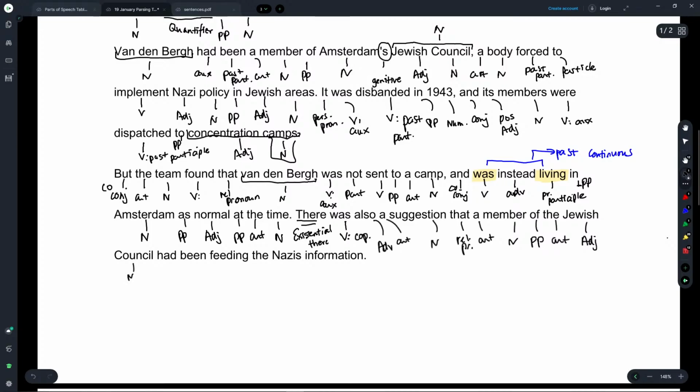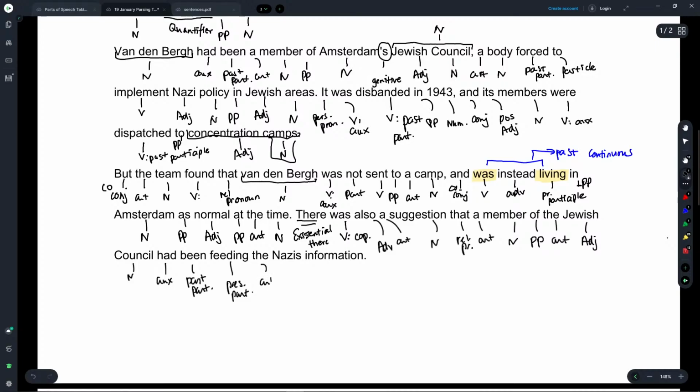Again, you can also say Jewish council is one thing. Had, auxiliary, been, past participle, feeding, present participle. Nice construction, "had been feeding," which is past perfect continuous. It was something that went on at a particular time in the past before someone else. So this is extremely in the past, but also going on at that time.